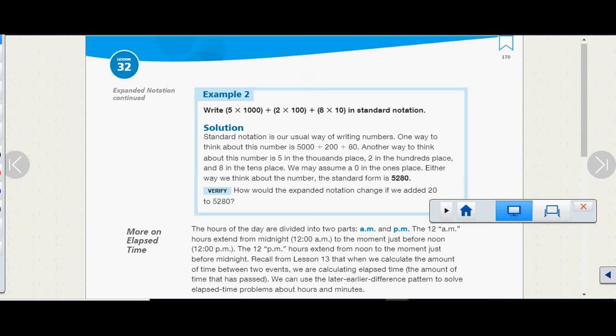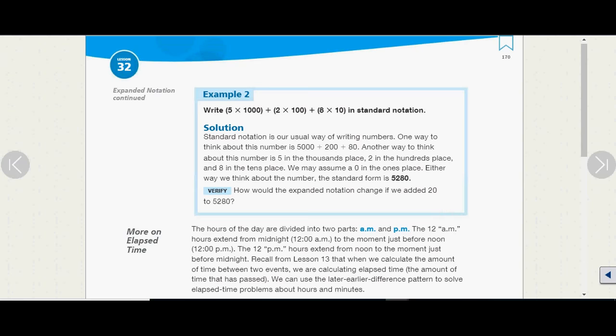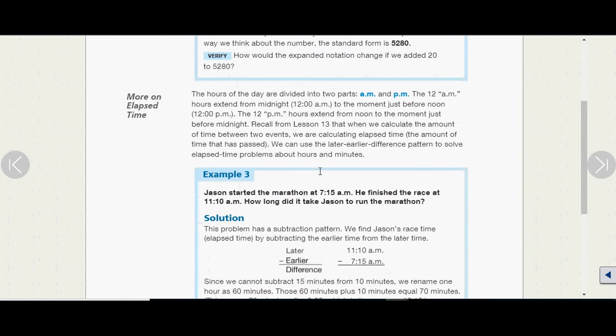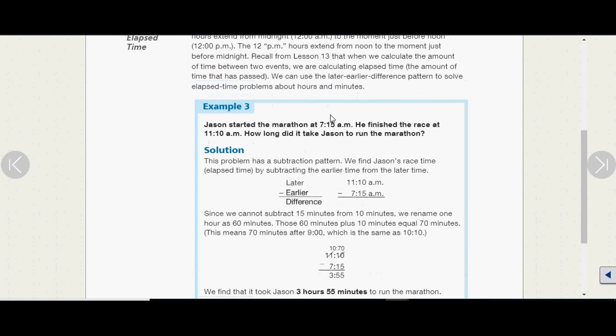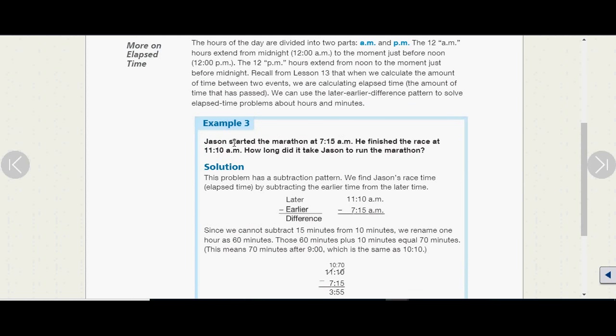Let's talk on elapsed time. What if I start at 7:15 a.m. and finish at 11:10, and I ask how long it took? We learned it's a little tricky when you get 11:10 and you're finding the elapsed difference. You've got 15 here to take away from the 10.